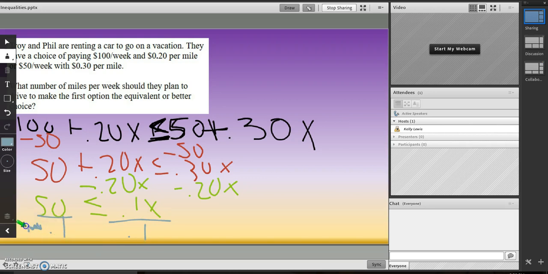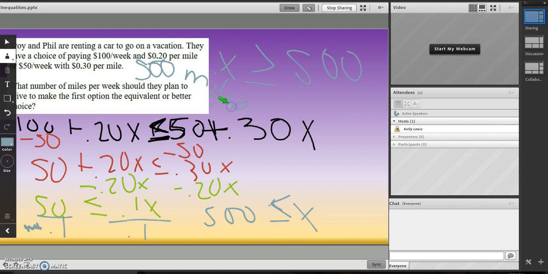Not negative, what I was thinking. 50 divided by 0.1 is 500 less than or equal to x. Remember, x should be written first. And goes like that. So 500, and then always don't forget your words. So miles.